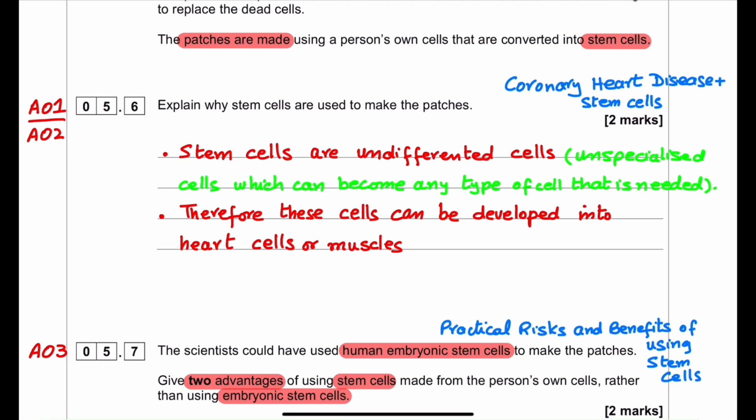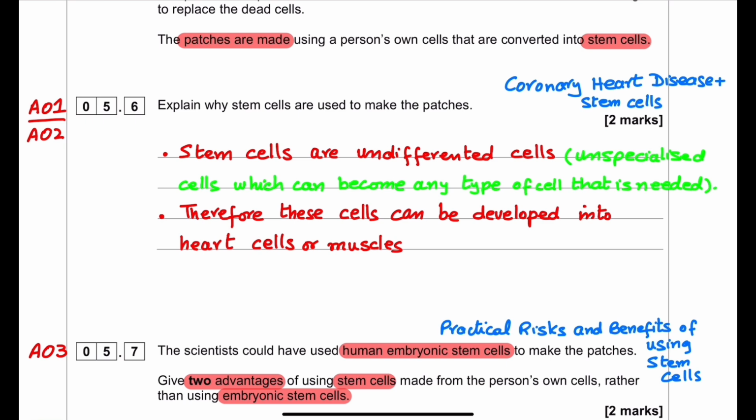The advantage of doing this is these new stem cells are not rejected by the body. The reason is these cells are taken from the person's own body, so these patches are not affected by the human immune system.